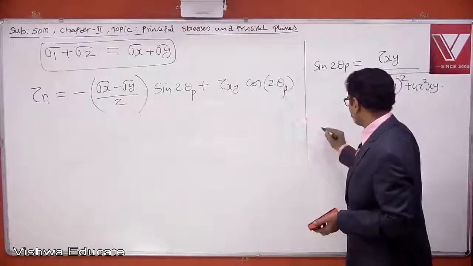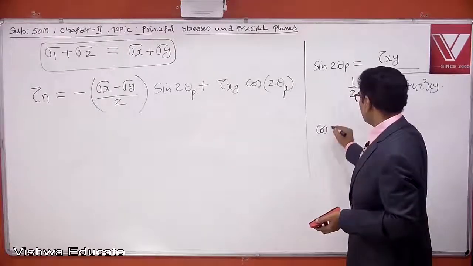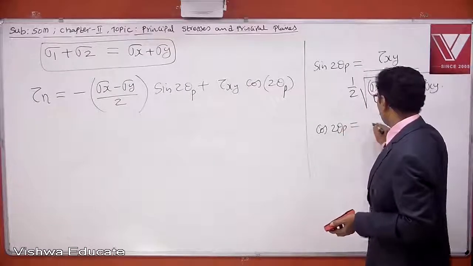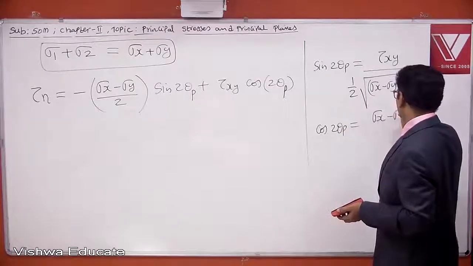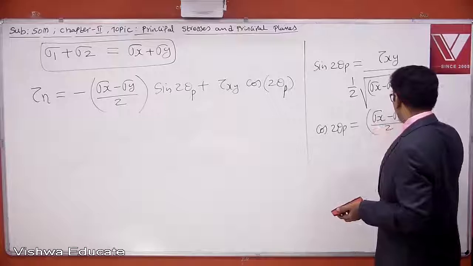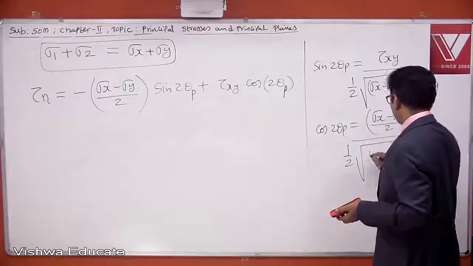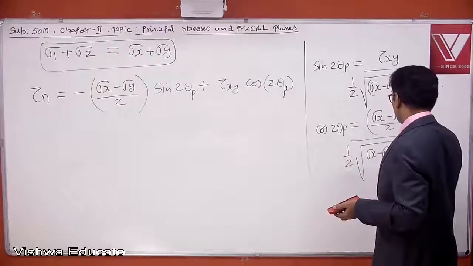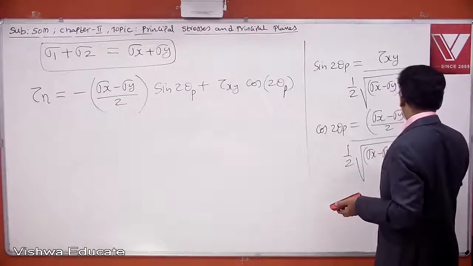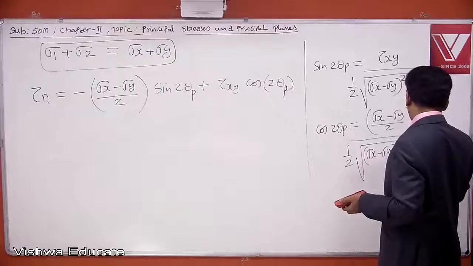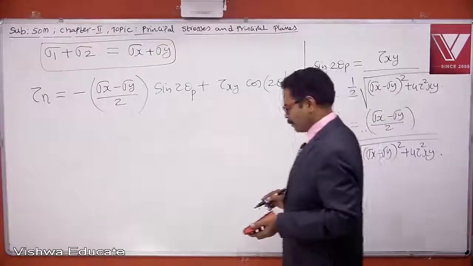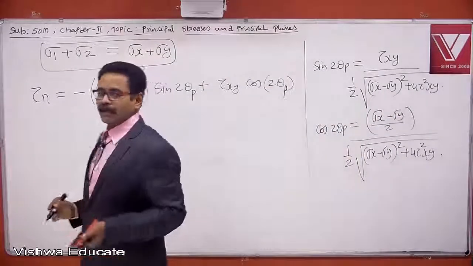Similarly, we know cos 2 theta p. So cos 2 theta p is equal to sigma x minus sigma y by 2 by half into square root of sigma x minus sigma y whole square plus 4 tau square xy.